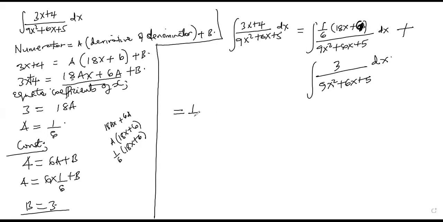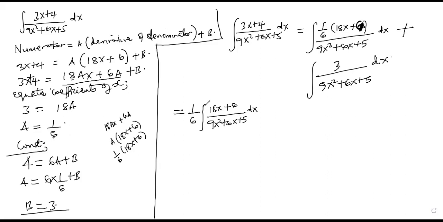It is going to be 1/6 integral of 18x plus 6 over 9x squared plus 6x plus 5 dx.